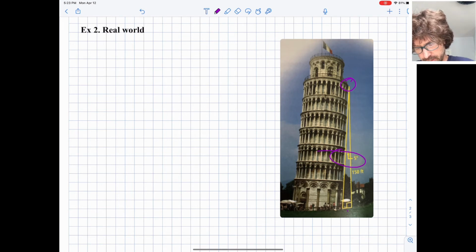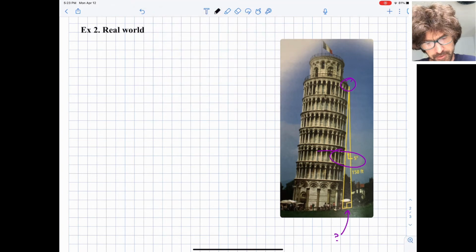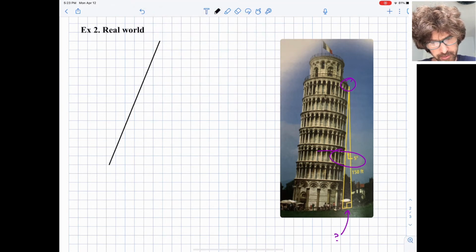I'm curious what the amount of horizontal overhang is. Let's call that x. Let's use trigonometry to determine that distance. Let's redraw that triangle, a little less to scale, just so we have some space to work with.